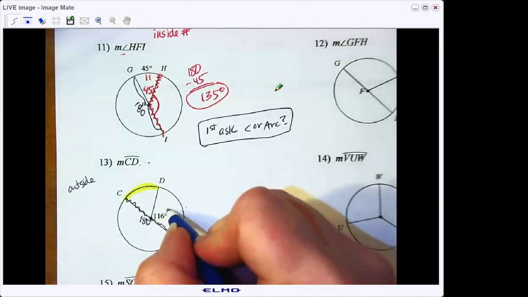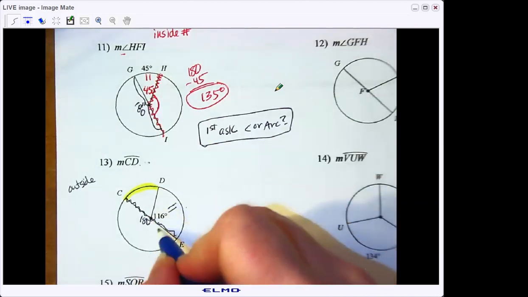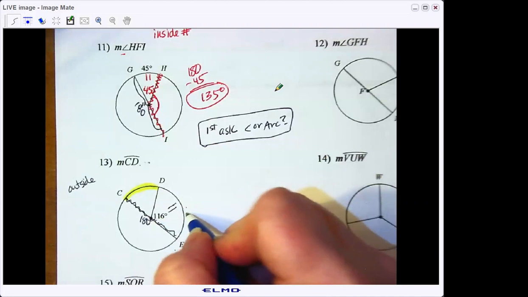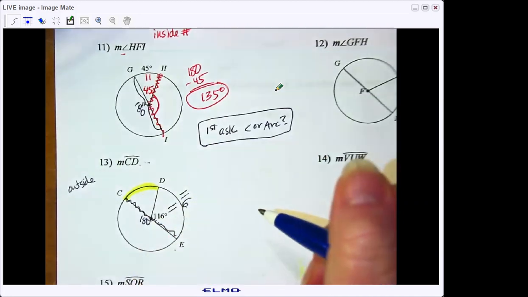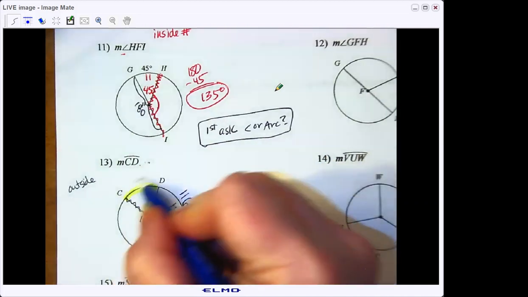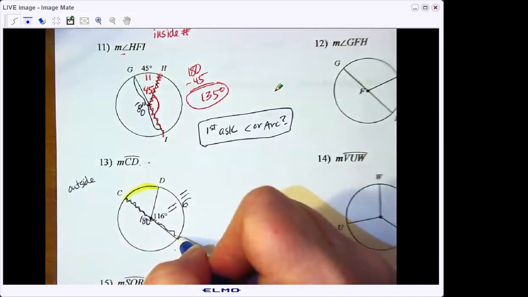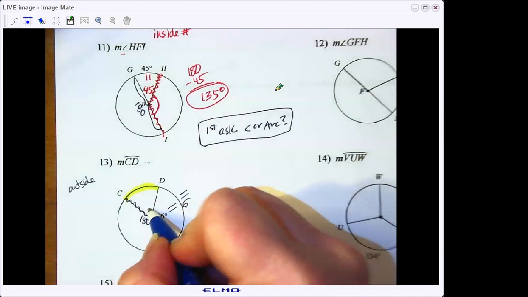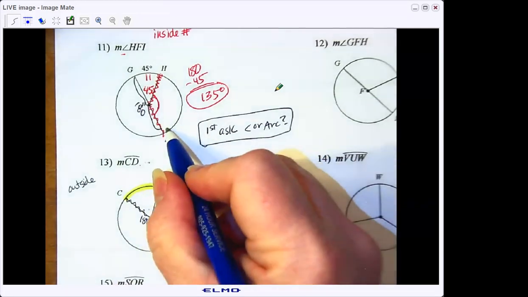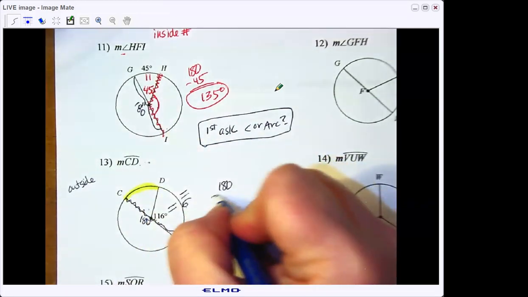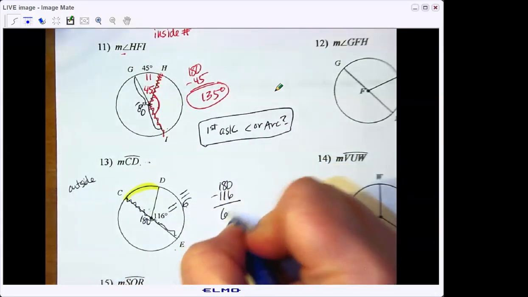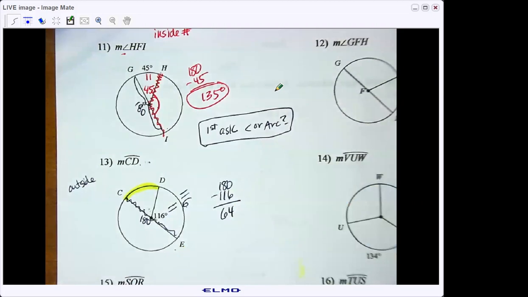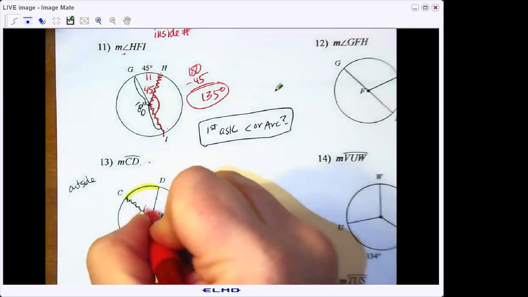Remember, these are equal, the inside angle. So it'd be 116. Now we know that all of them have to equal 180, so we can subtract, just like we did up there. 180 minus the 116, and you could have done it here first. We get 64. So we know that the angle is 64.